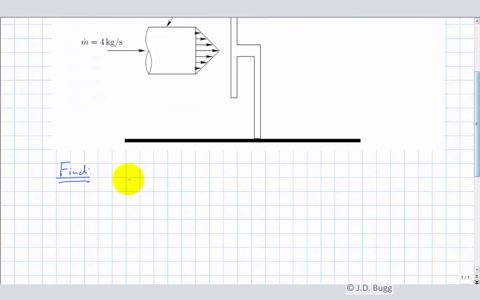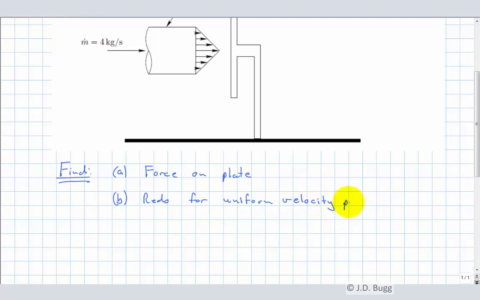Okay, so part A, we find the force on the plate, and in part B, we redo for uniform velocity profile. So that's what we're after.